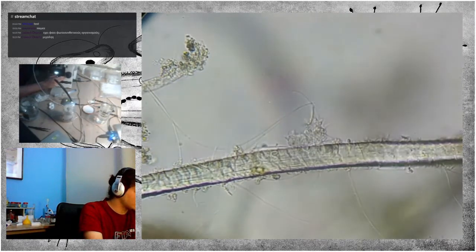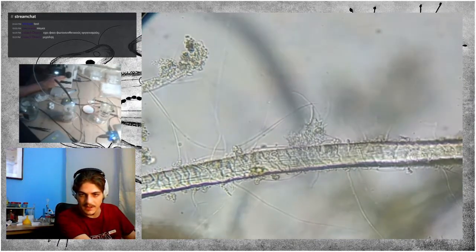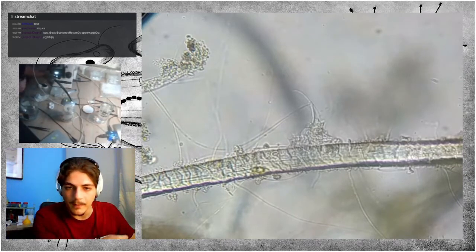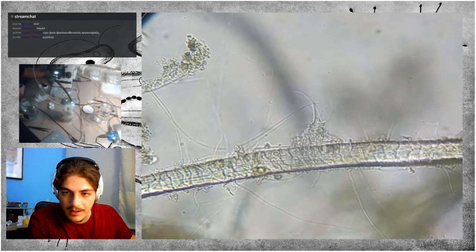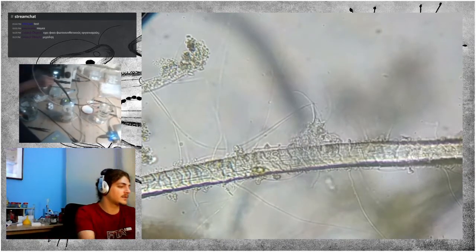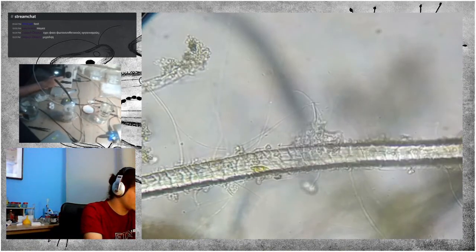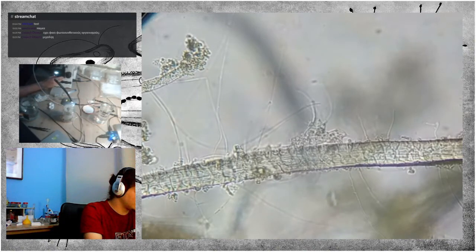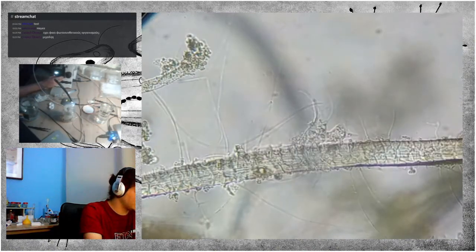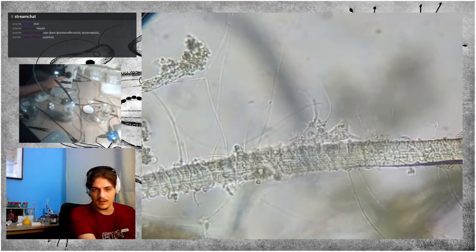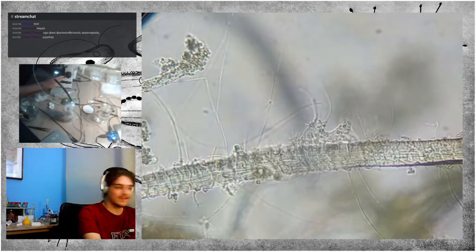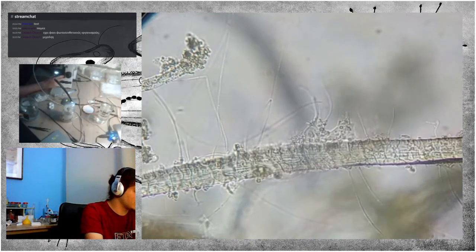Let me close again the condenser so you can see it better. Now we're talking. You can just about see the cytoplasm moving. I can see it a little bit better. And you can also see the amoeba extending the pseudopodia towards the right side of the screen.